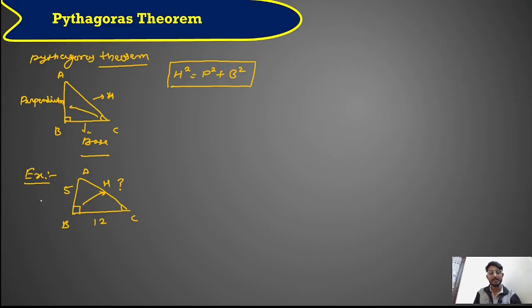This is hypotenuse, this is perpendicular, and this is base. You have to find the value of hypotenuse. So hypotenuse square equals perpendicular square plus base square. First of all we will put the values of perpendicular and base in this formula. Hypotenuse square equals perpendicular, which is given as 5, so 5 square, plus base, which is given as 12, so you will write 12 square.